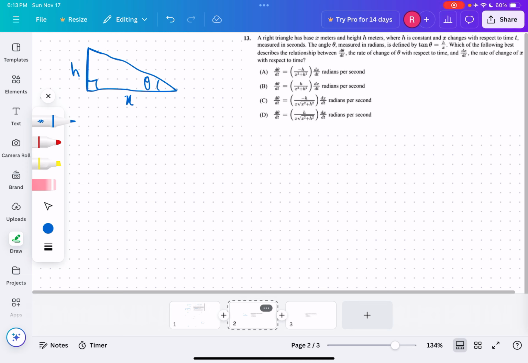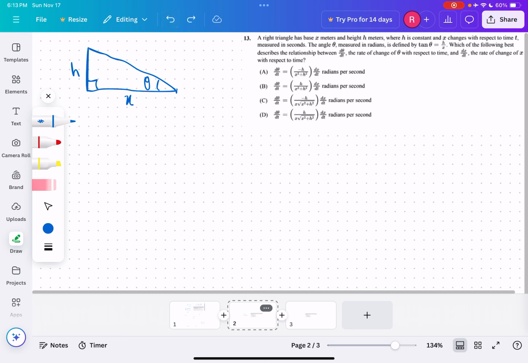Now I want you to imagine this in your head. If x was over here, this is how the triangle would be. If it was over here, then this is how the triangle would have been. Or maybe if it was over here, then this is how the triangle would have been. So you can literally animate it in your mind to have a clear image of what's happening.